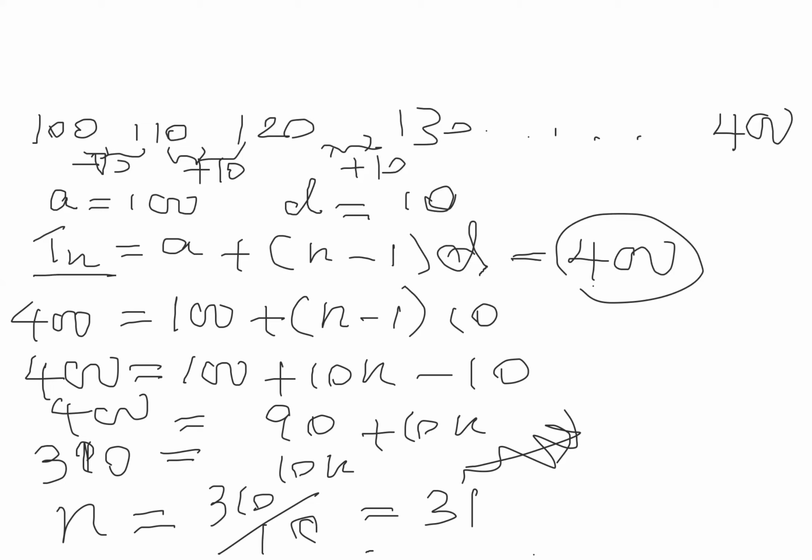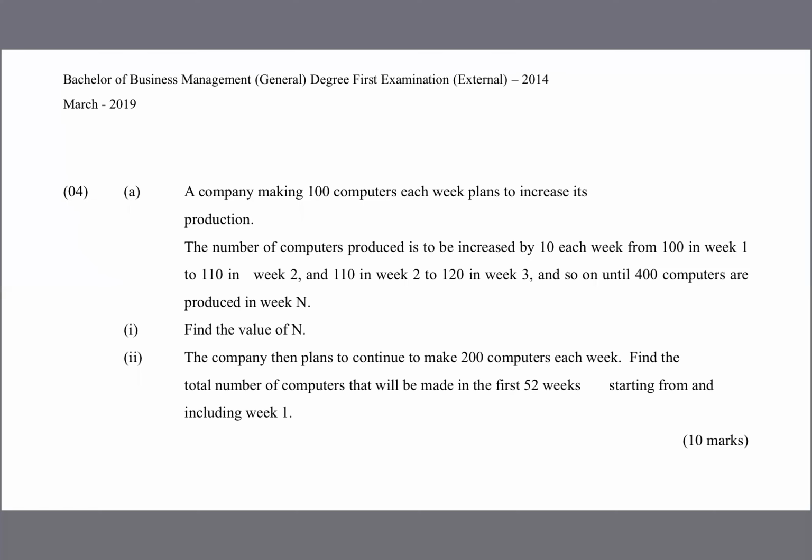So that is part 1. Shall I move to the next part? Remember, n equals 31, because of the nature of this type of question, most of the time the first part's answer has to be used when answering the second part.